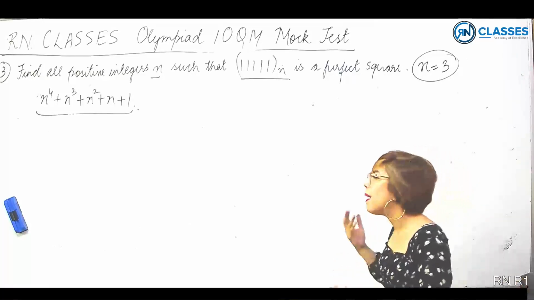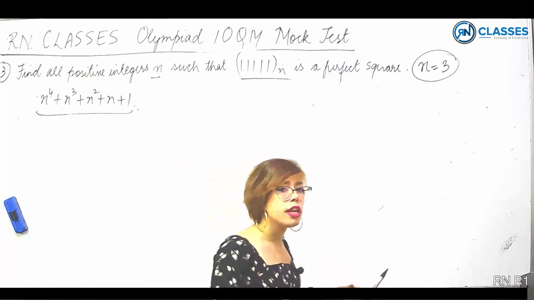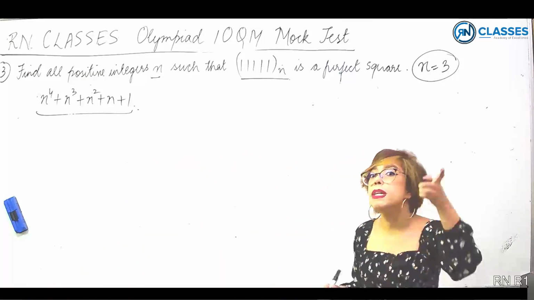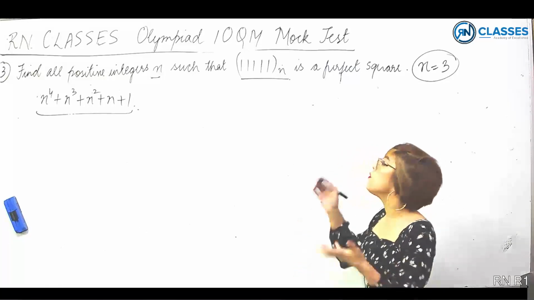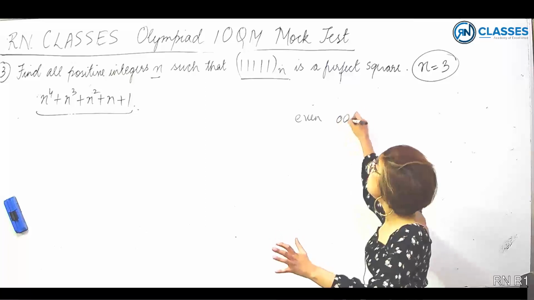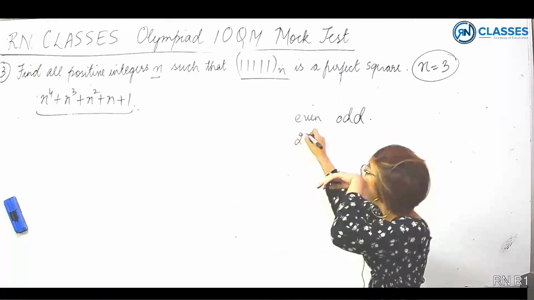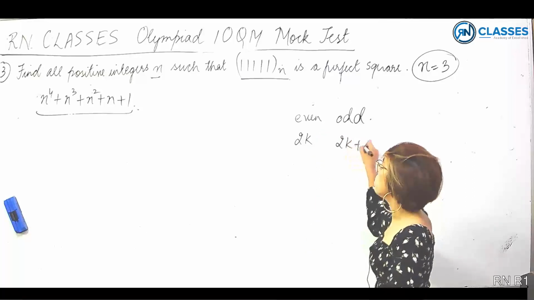A basic partitioning that we are very well acquainted with is the partitioning on the basis of divisibility by 2. Why? Because the first partitioning that we see is whether the number is even or odd. Or we can say whether the number is of the form 2k or 2k plus 1.